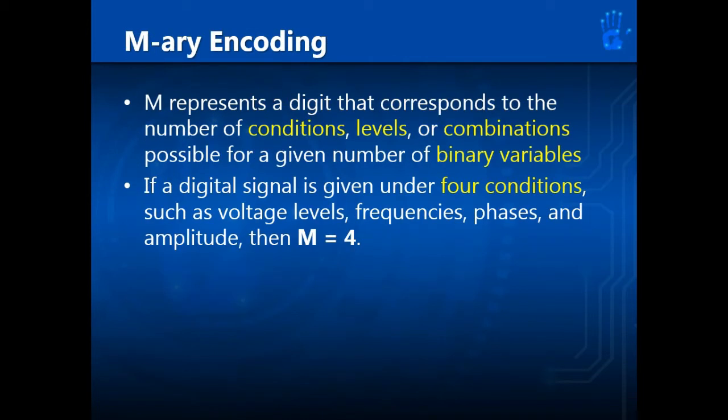M-ary encoding. M represents a digit that corresponds to the number of conditions, levels, or combinations possible for a given number of binary variables. If a digital signal is given under 4 conditions, such as voltage levels, frequencies, phases, and amplitude, then M equals 4.